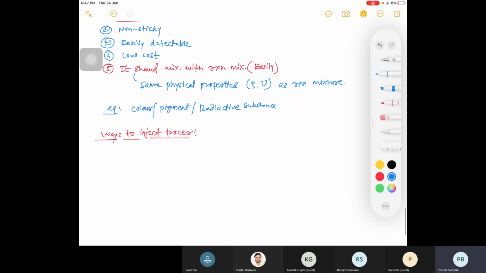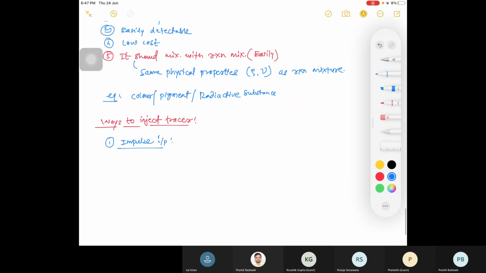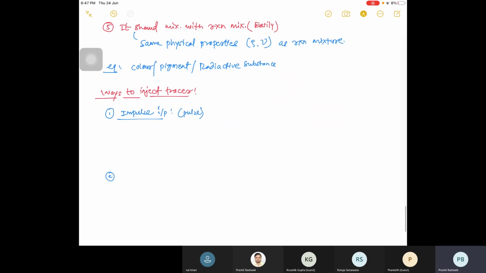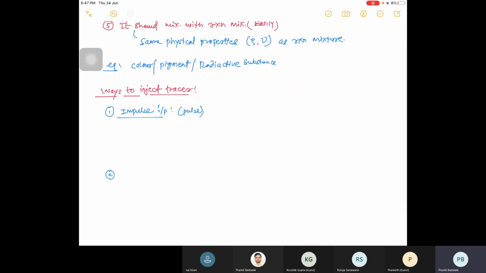I'm just writing here. First is your impulse input. You write impulse input. Second, I'll write impulse, or generally it is pulse, but impulse is good. Then step manner.